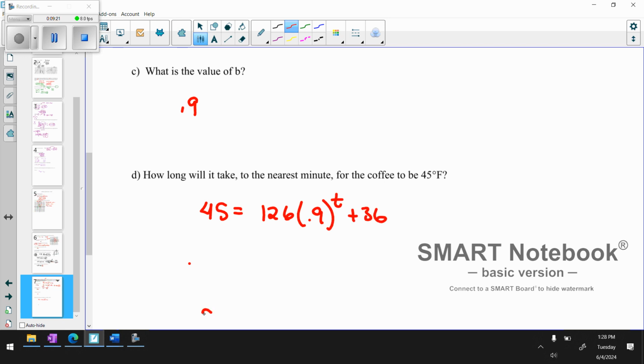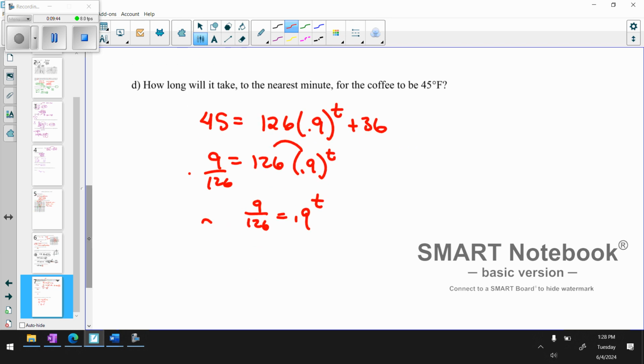I'm going to subtract 36 over. So what does that get me? 9 equals 126 times 0.9 to the T. Please don't multiply those two numbers together. Divide by 126. So now I'm going to get something. So 9 over 126 equals 0.9 to the T.